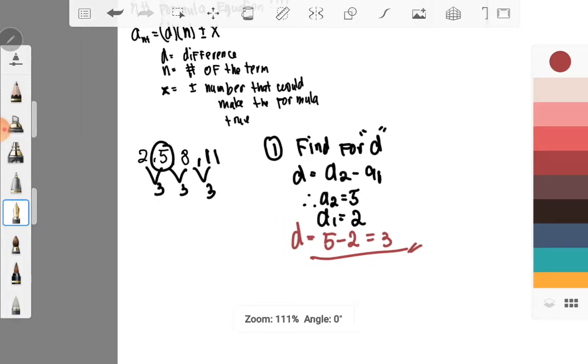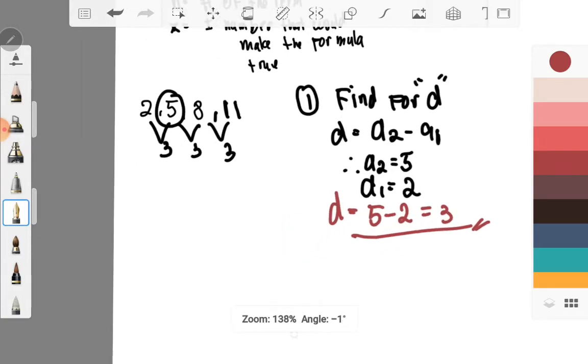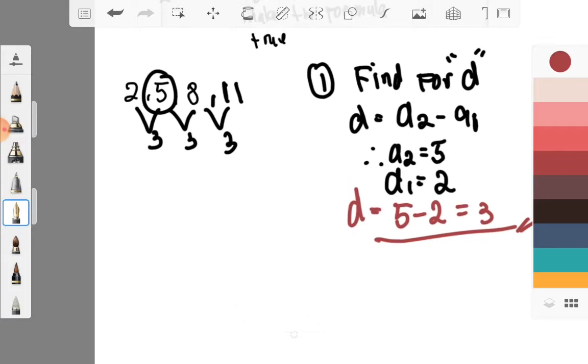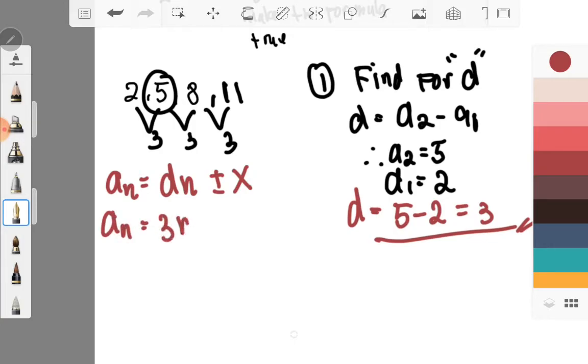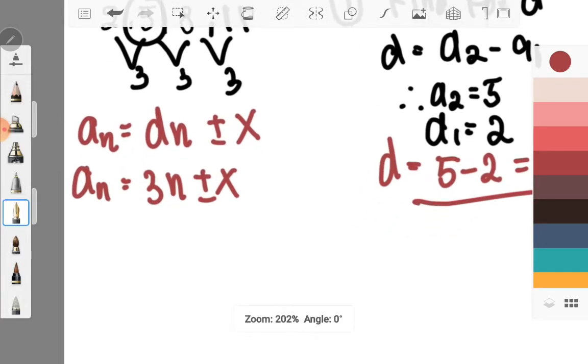Okay? So, let us substitute. Therefore, I have AN is equal to DN plus or minus X. So, since I have already a value D, AN is equal to 3N plus or minus X. Okay, I will consider my plus X. So, therefore, my AN is equal to 3N plus X. What is the value of my X then?